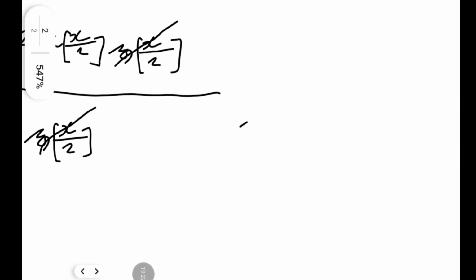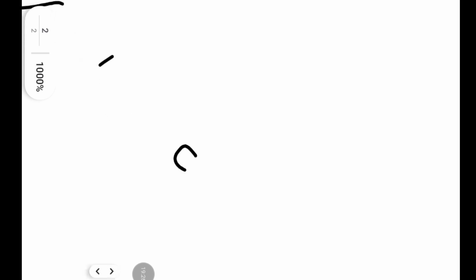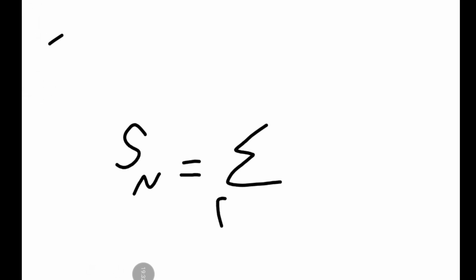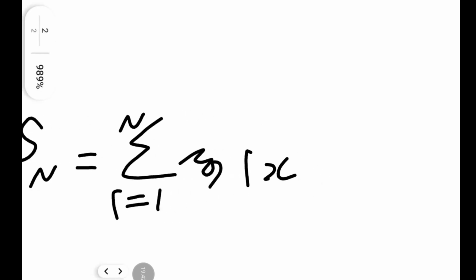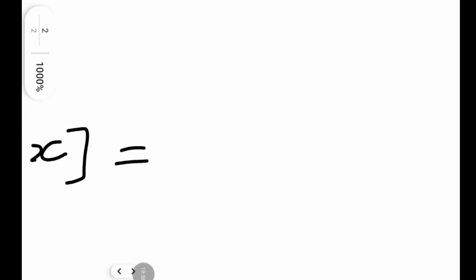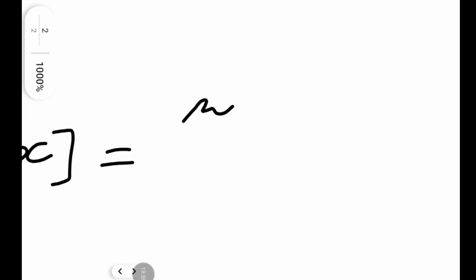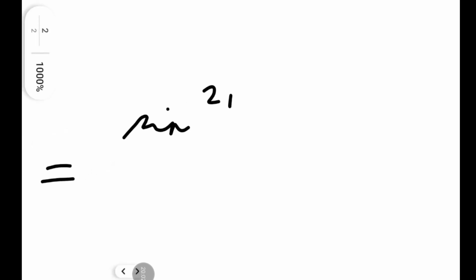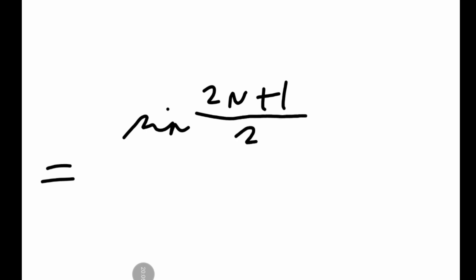And to write it in the final form, we can write the sum from r equals 1 to n of cosine of rx as equal to, after we've cancelled everything out, sine of (2n plus 1 over 2) times x, in a bracket like that.